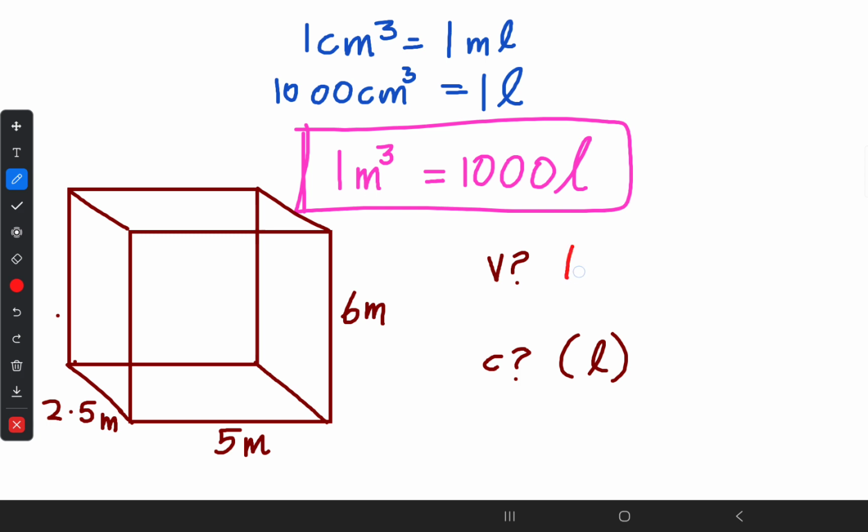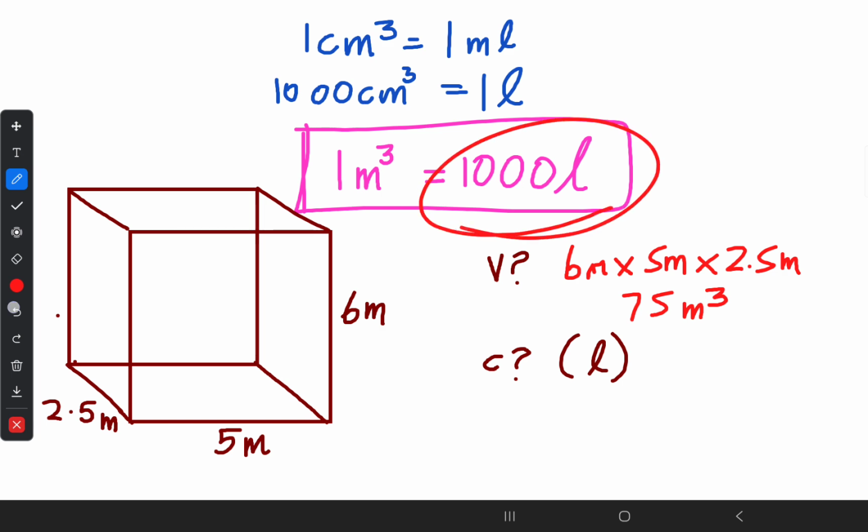To find the volume, 6 meters multiplied by 5 meters multiplied by 2.5 meters, it would be 75 cubic meters. Thereafter, cubic meter to liter, what is the conversion? Don't forget this, it is really important.